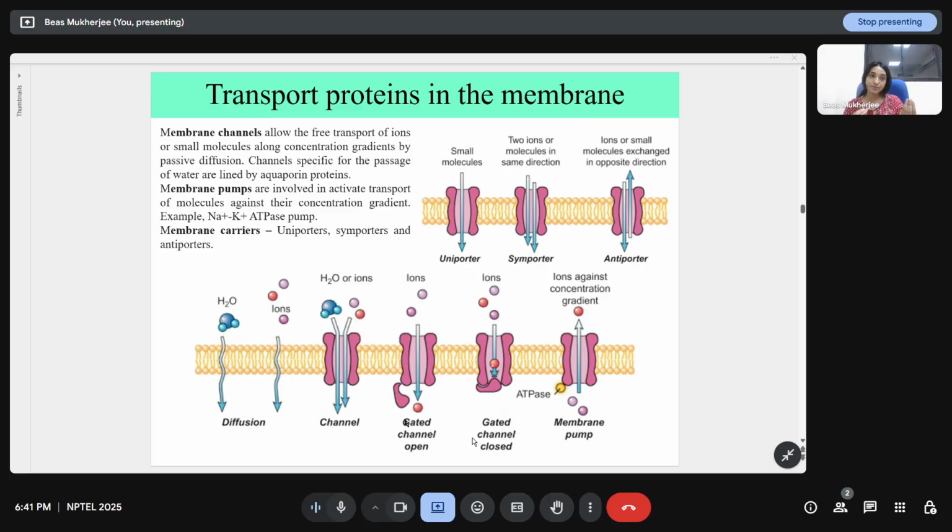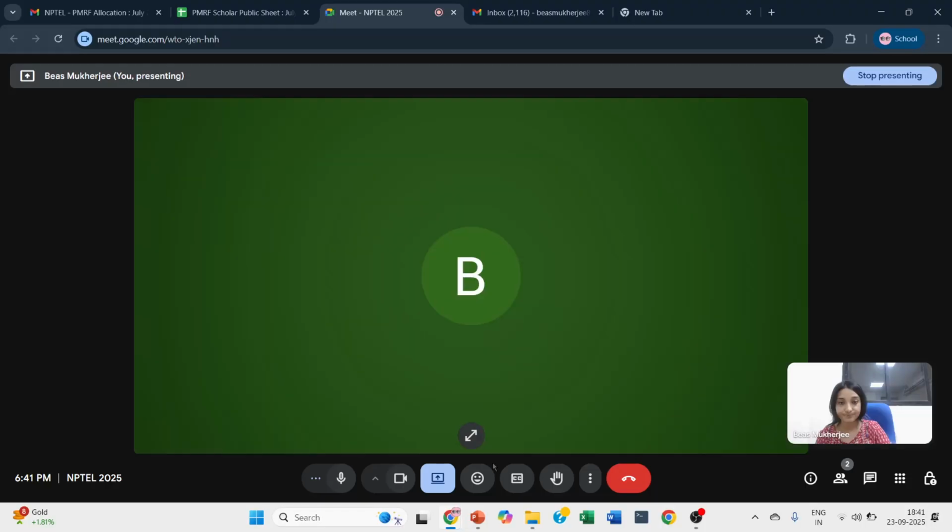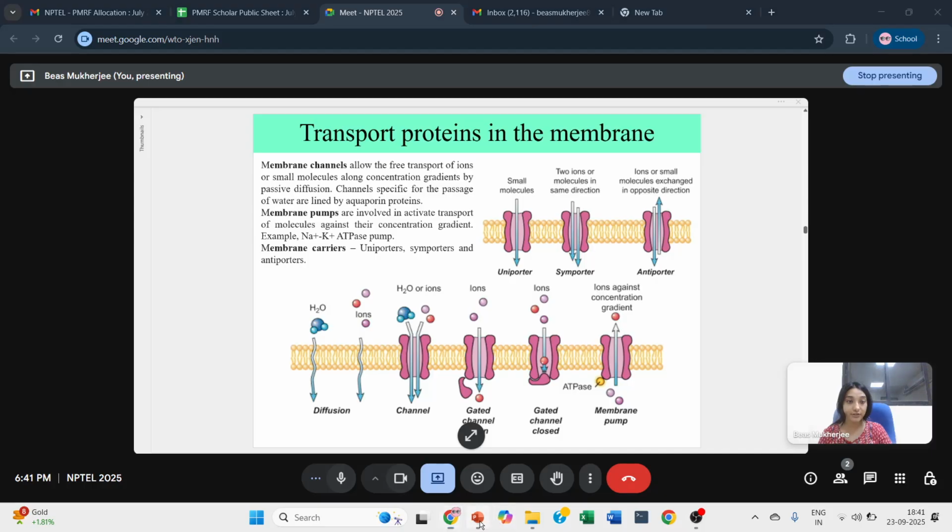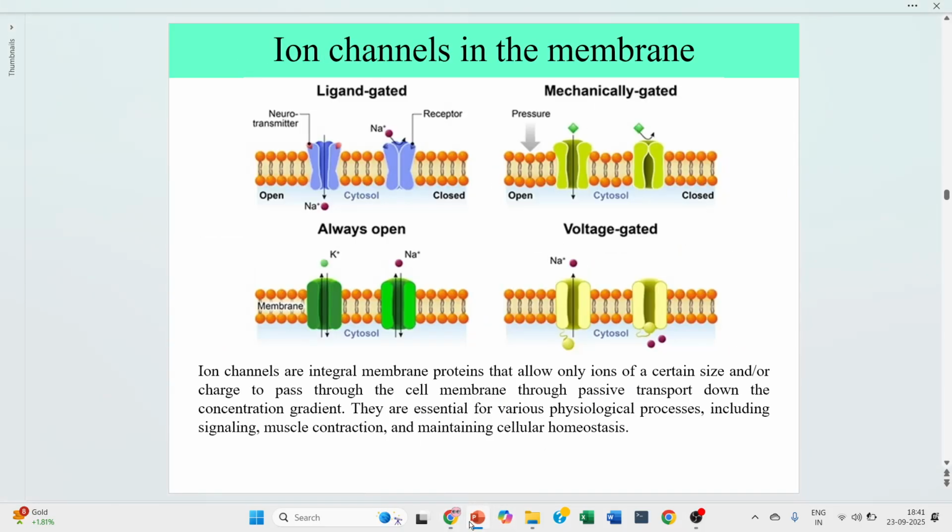Then there can be transport across the aquaporin, which is a membrane channel protein. Similarly, ions can also be transported using these channel proteins. Next there are gated channel proteins, and there are the membrane pumps which use ATP for the transport of ions against their concentration gradient. We'll look at these in a little more detail now.